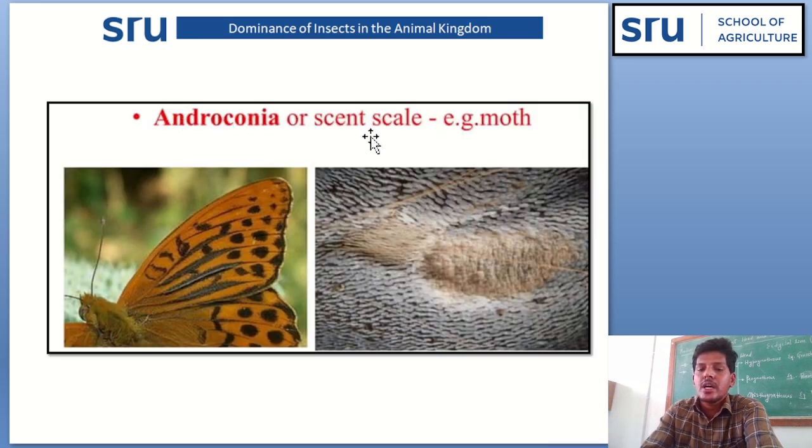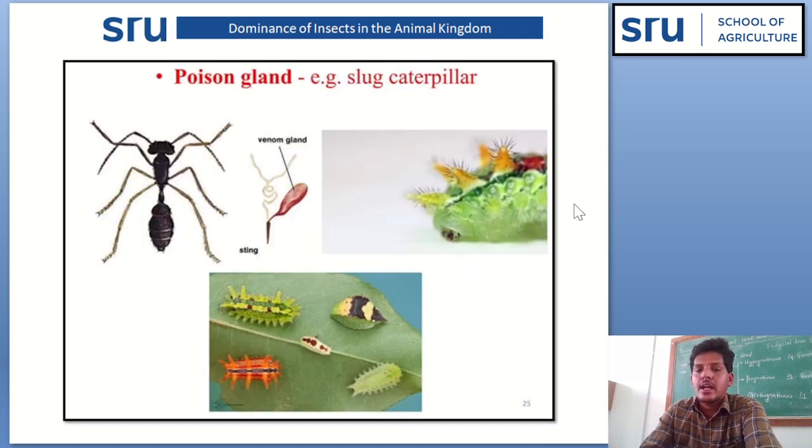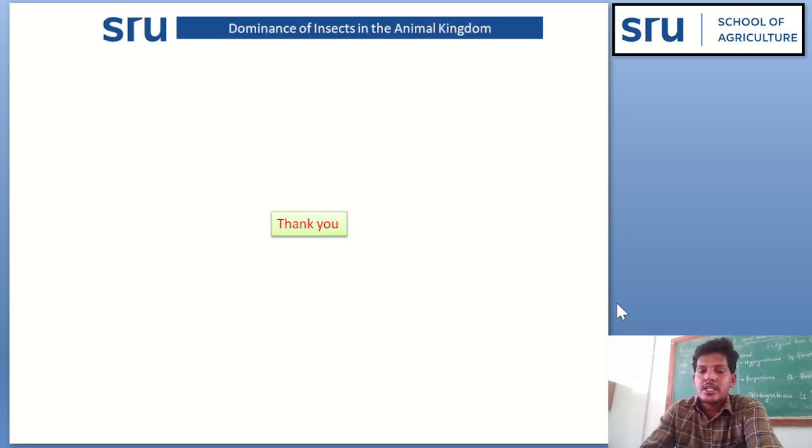And androconia or scent cells are present in moths. And then poison gland is present in the slug caterpillar. This is also an epidermal appendage, also a cuticular appendage, and multicellular. So that's it from my side. Thank you.